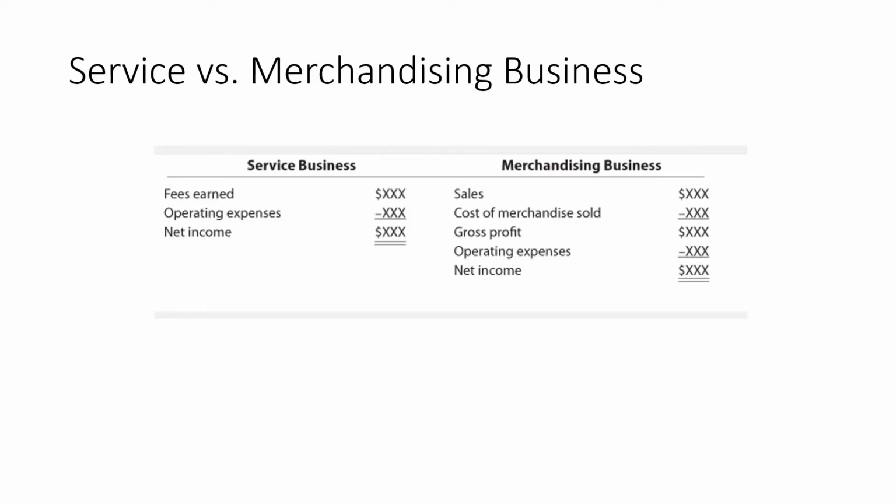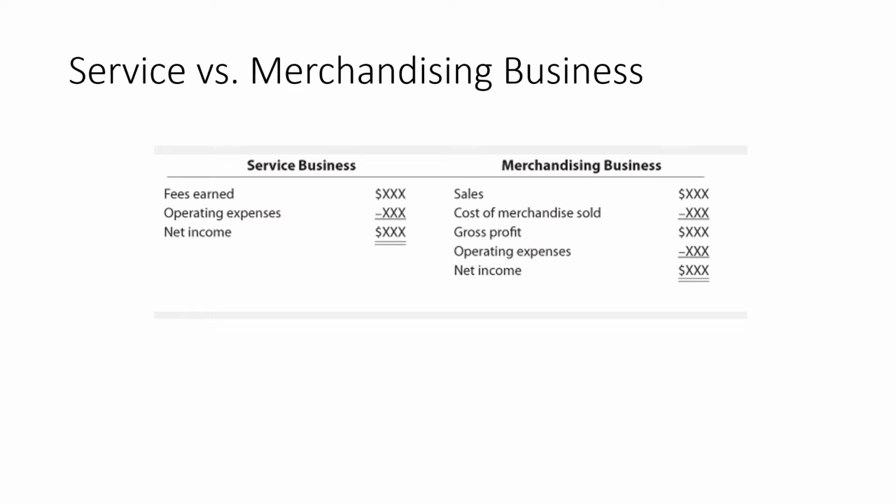Here you can actually see the difference between a service business and a merchandising business. In previous chapters when we talked about a service business, as you can see, we just looked at essentially revenue minus expenses equals net income. So fees earned being the revenue account minus operating expenses gives you net income.